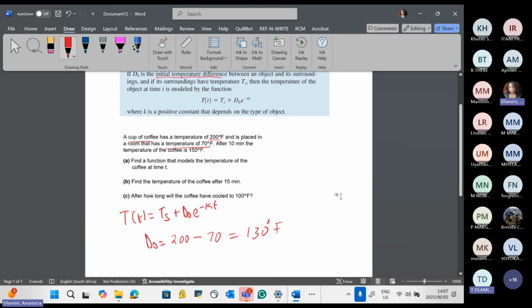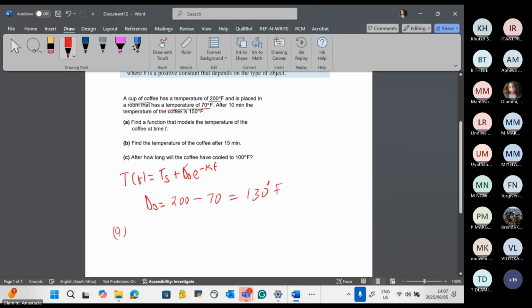Now that we have found D0, because they want it in terms of T, what is Ts, guys? It's 70. Did anyone not understand why it is 70?